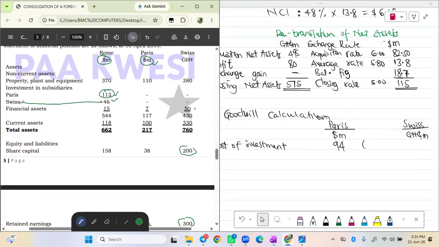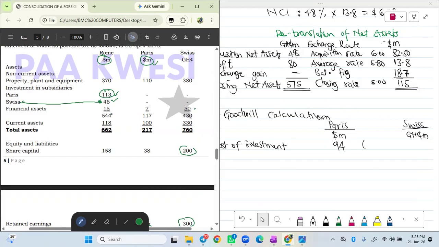So Swiss parents paid what? 46. And the 46 is recorded in what? Dollars. But the Swiss functional currency is in cedis. So we will calculate goodwill in cedis before we translate to dollars. So that 46 must be translated to Ghanaian cedis.